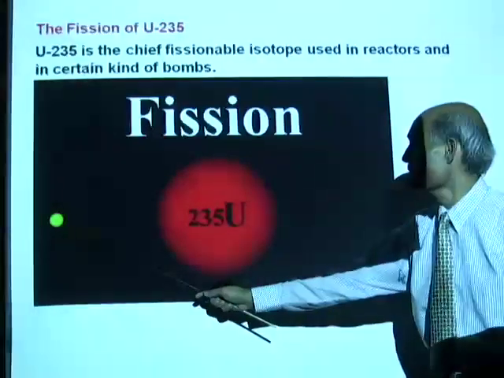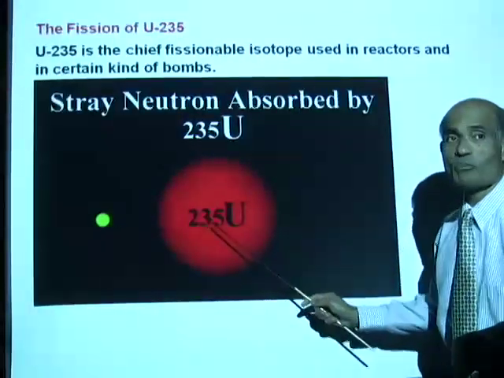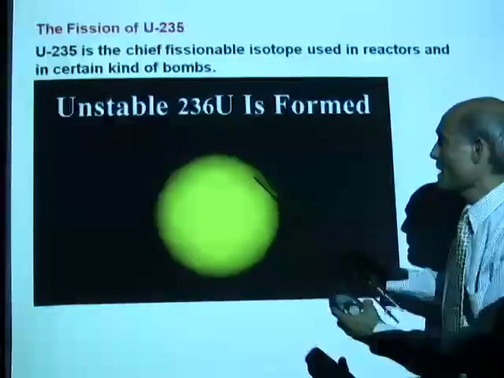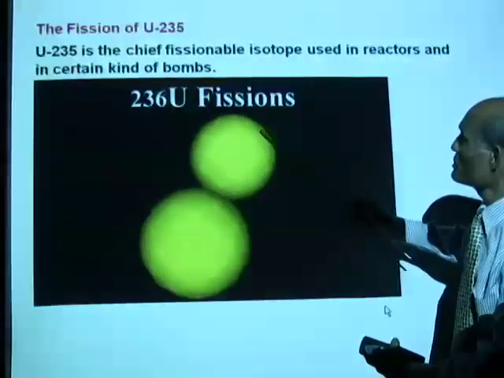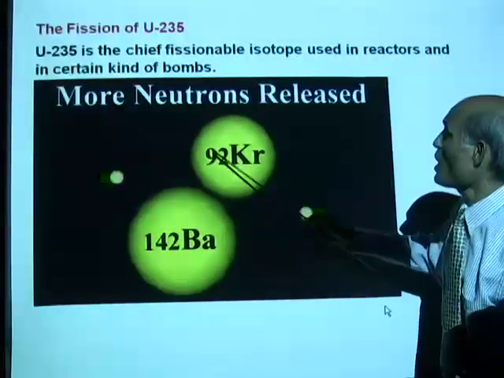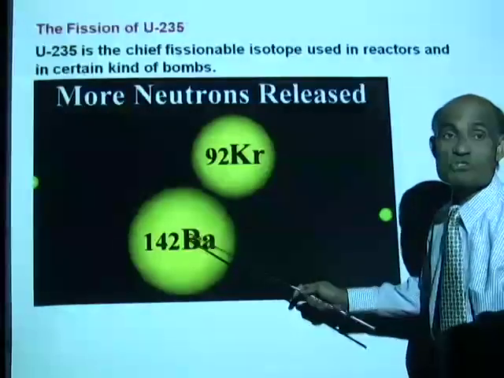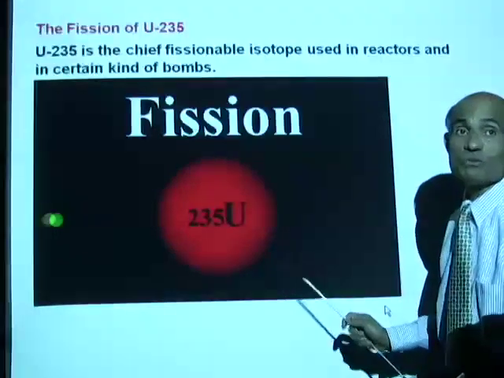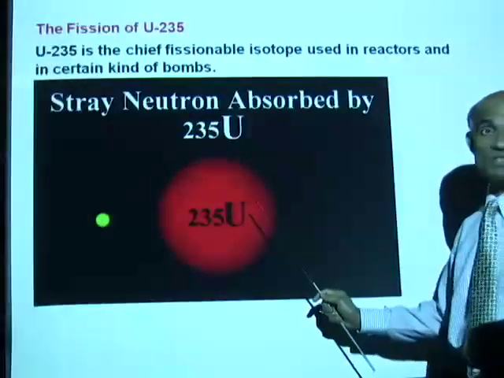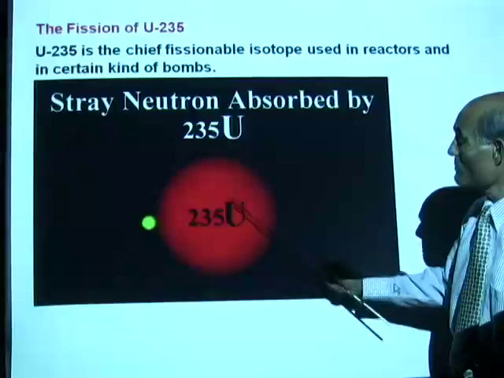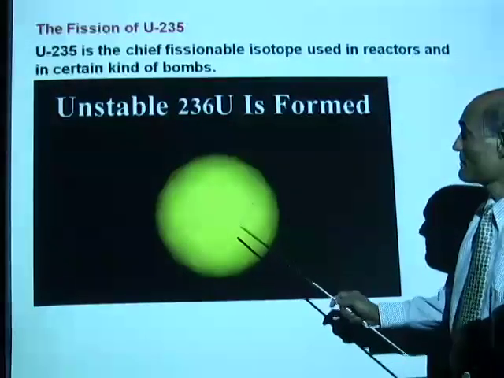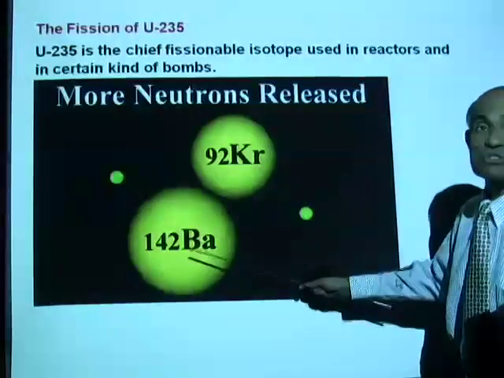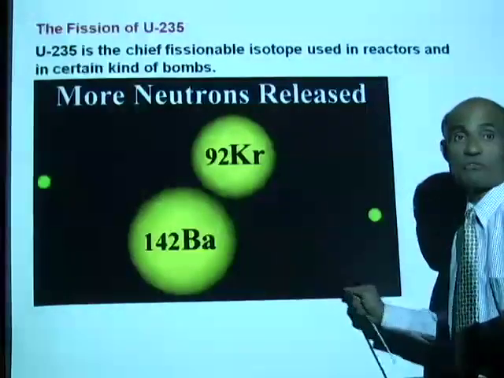Watch it carefully. A slow neutron is being absorbed by uranium-235. Now, great instability, and there is the product. The product is krypton of atomic mass 92 and barium of atomic mass 142, and also free neutrons. Watch that again. Stray neutron absorbed by uranium-235. Fission occurs, fission products: krypton-92, barium-142, and free neutrons.